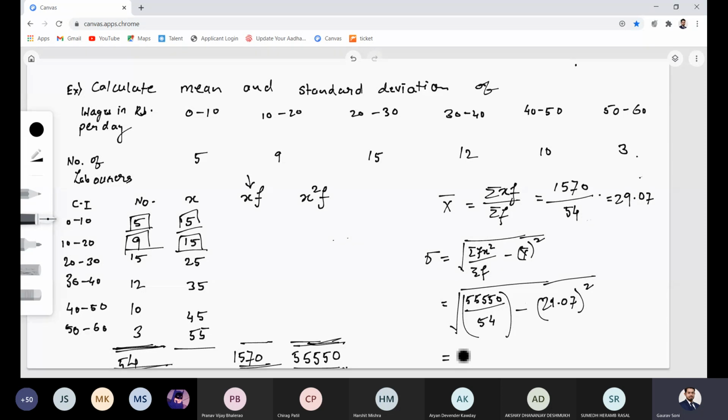So 13.54. So this is the standard deviation and the above one is mean.